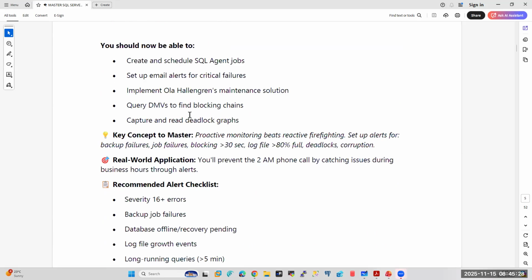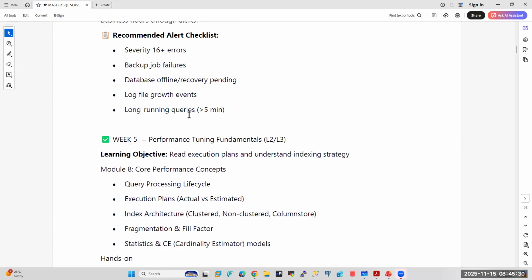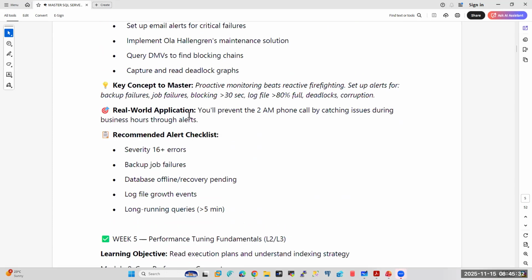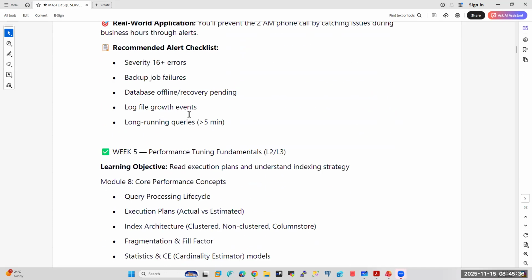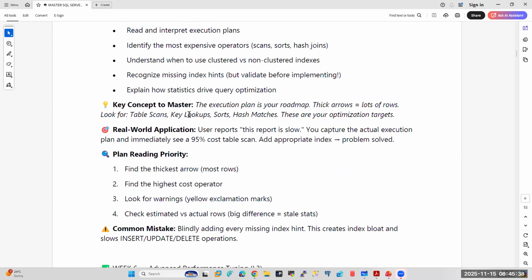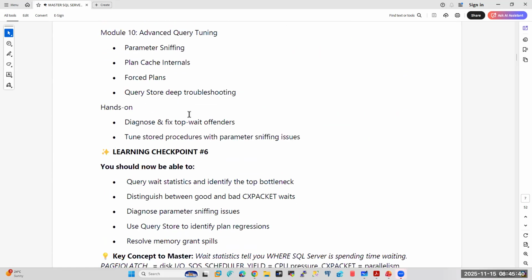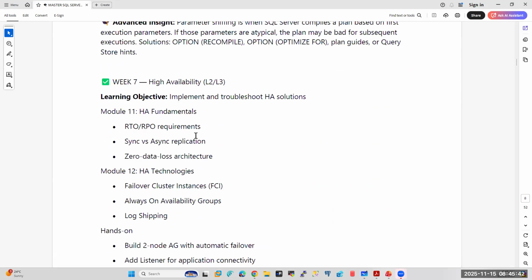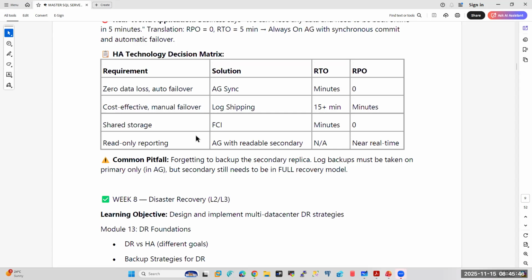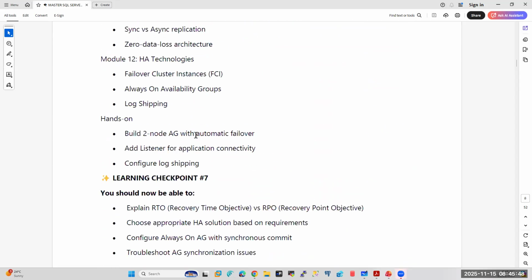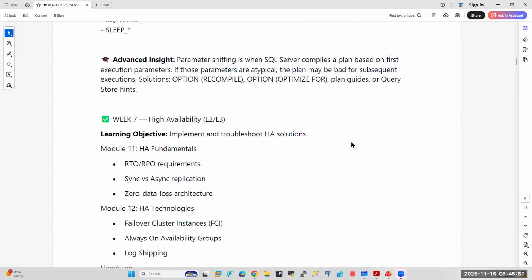Once we complete this one, then okay, straight away we are not going for performance tuning. Okay, we'll go for high availability. Okay, scroll down, sir. Okay, these are all we'll talk about. We'll go for high availability. This is one of the most important concepts, high availability.